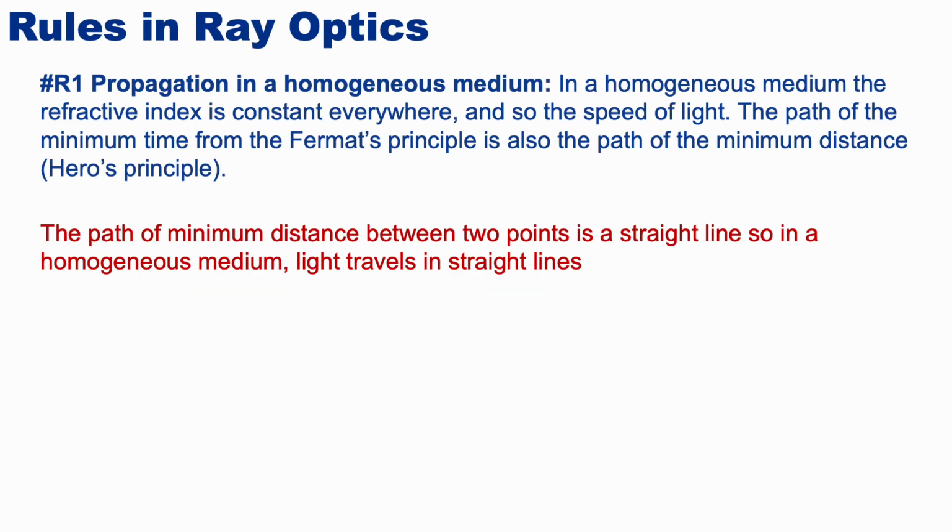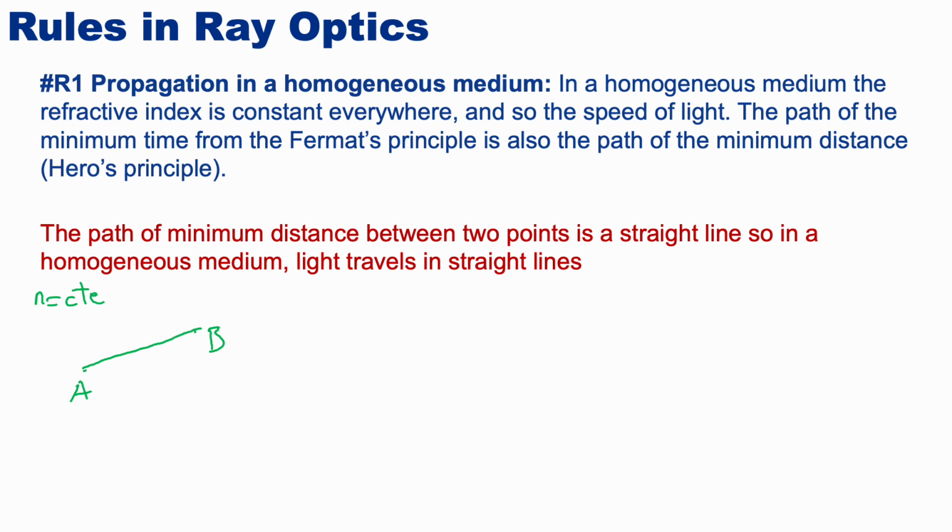There is a particular case, which is the first rule in optics. If we go from A to B and the refractive index is constant, not a function of space, then light travels as a straight ray.